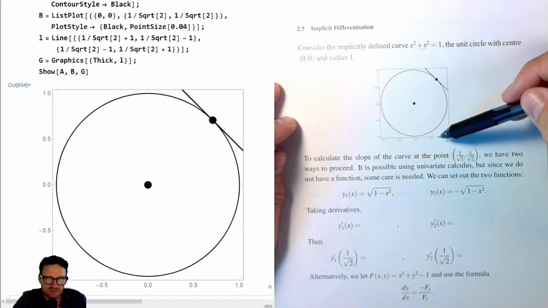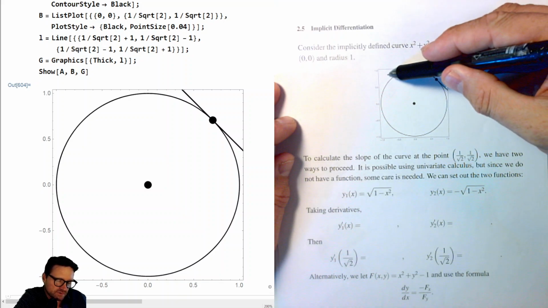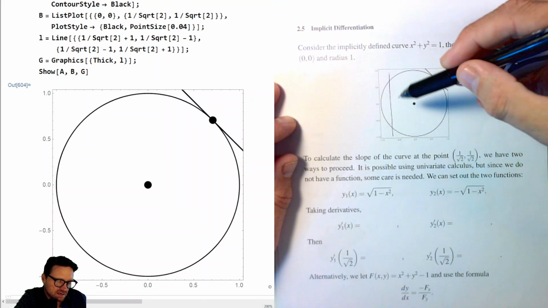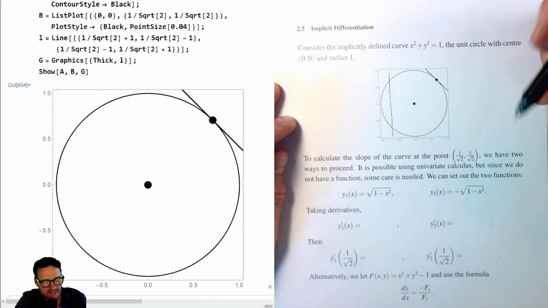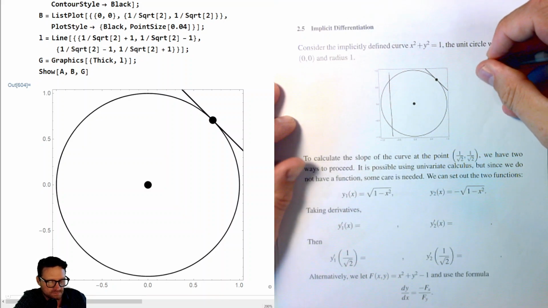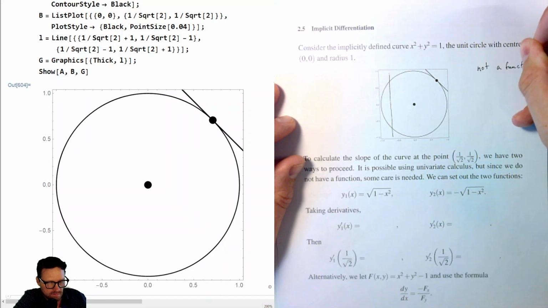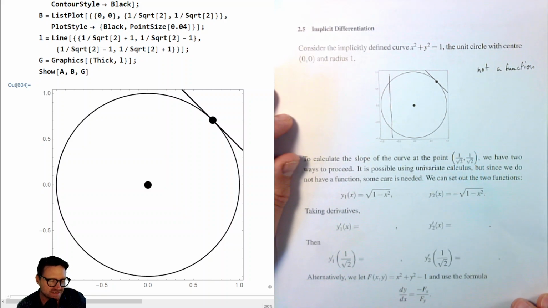It fails the vertical line test, meaning that if I take a vertical line that intersects this, there are two intersections rather than only one. And so it's not a function. Okay, so that tells us that we need to apply methods for implicit differentiation.